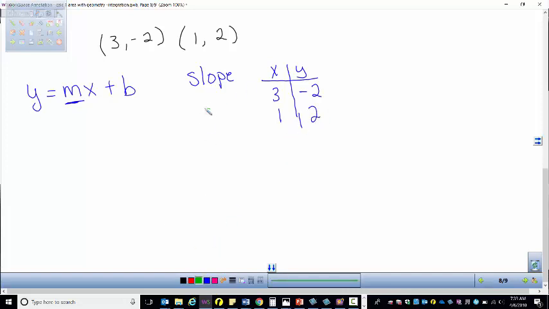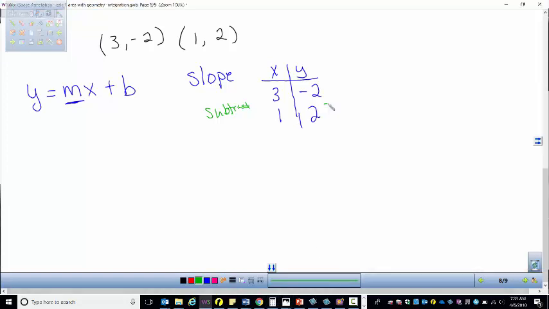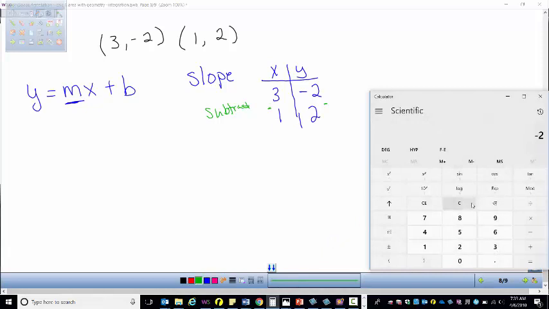And then to find slope, we have to subtract. So get your calculator, and you're going to subtract on both of these. So I start with the y. So I have negative 2 minus 2, which gives me negative 4.